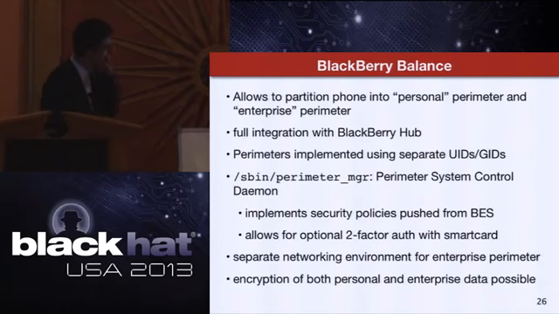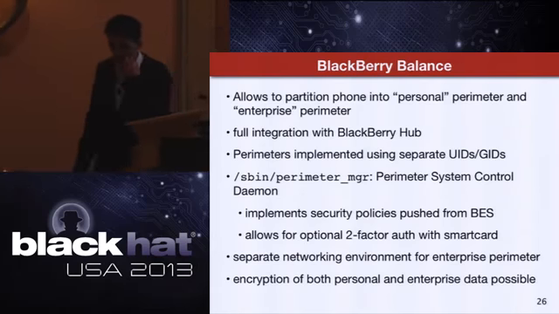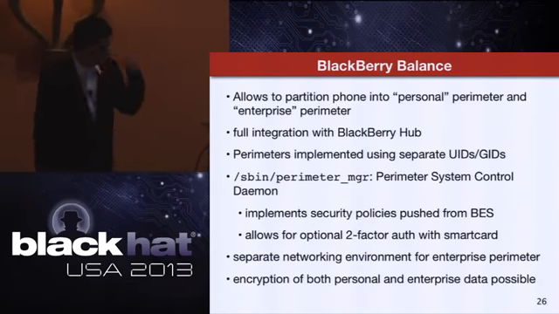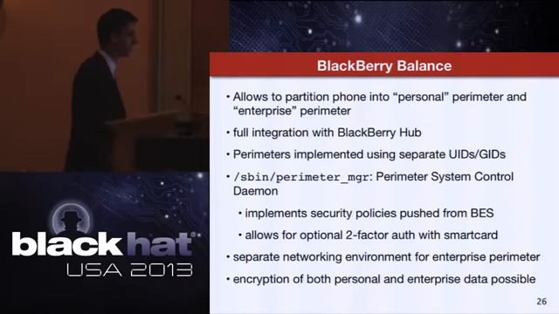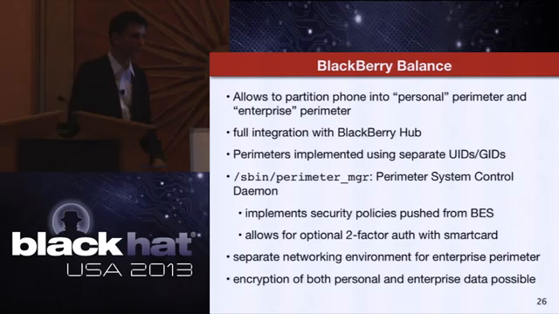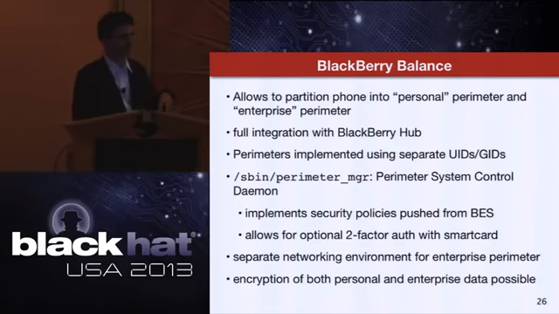But I mean, really, if it's sufficient to root the device, I don't know why you need a smart card. You also have separate networking environments for both the enterprise and the personal perimeter, and encryption of both the personal and the enterprise data as possible.